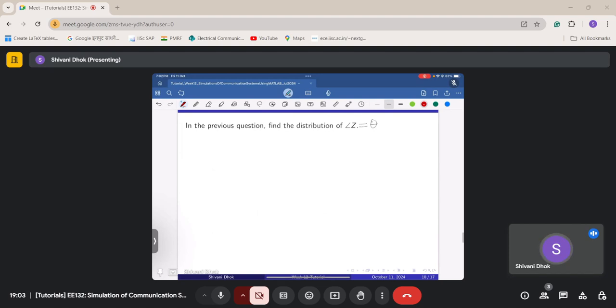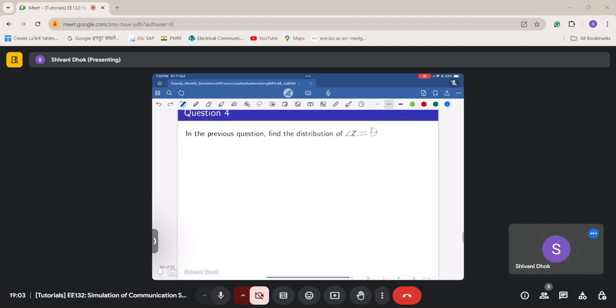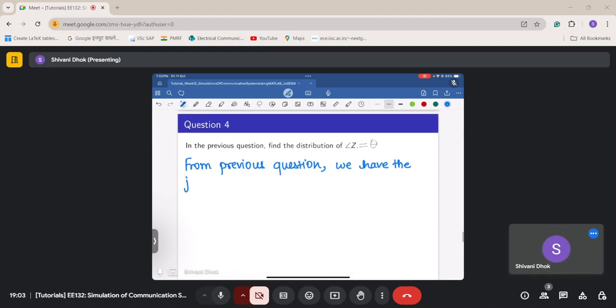So from the previous question, we have the joint PDF of theta and a.